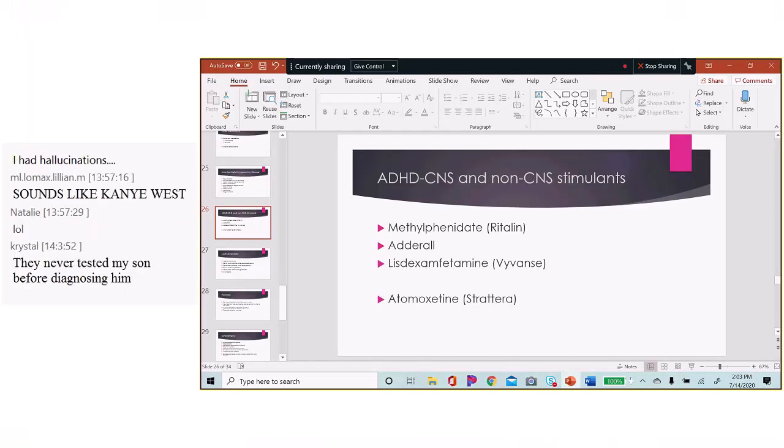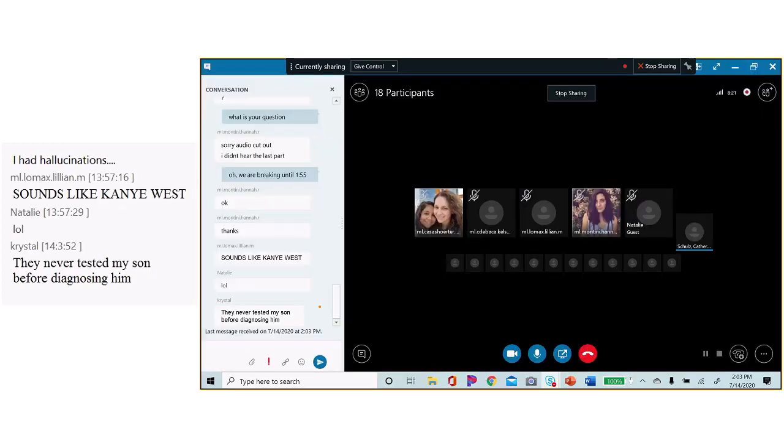So Crystal is mentioning, if you don't see it in the chat, that they didn't test before diagnosing him.